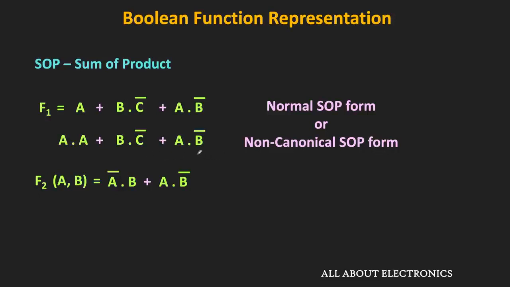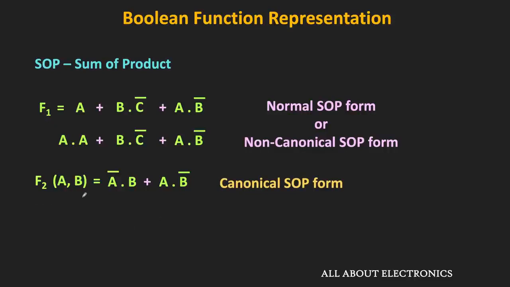On the other hand, in the canonical SOP form, each product term contains all the variables of the function, where the variables in each product term can be in the true form or in the complemented form. So this second expression is in the canonical form, because here each product term contains all the variables of the function.